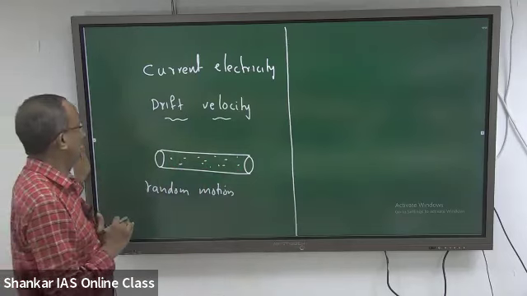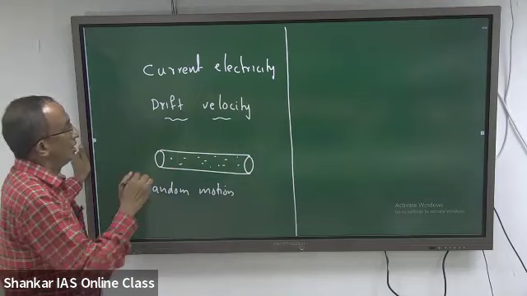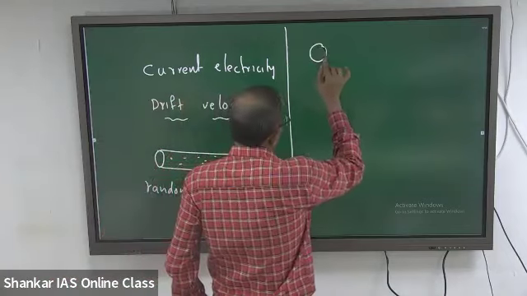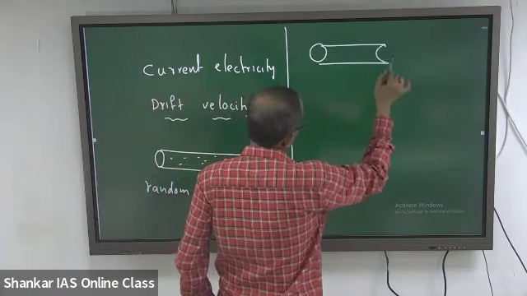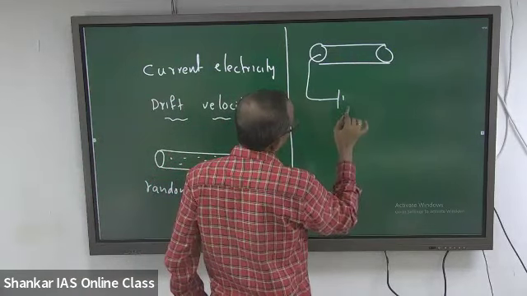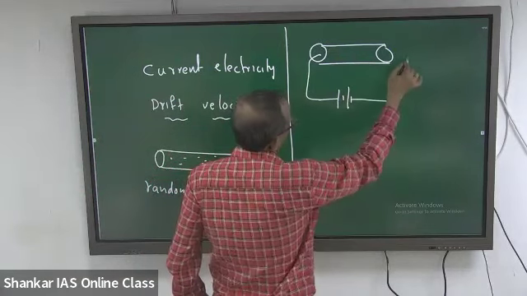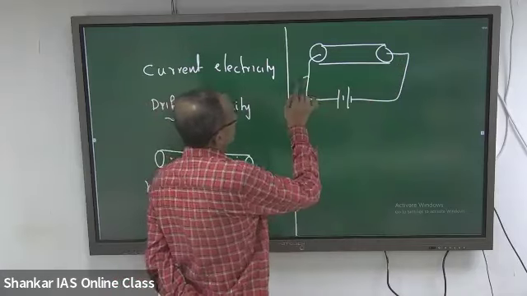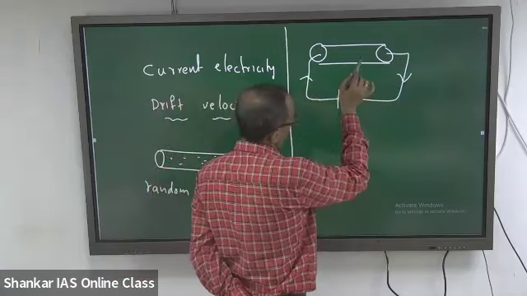Then, when an external field is applied, in this direction, the electrons drift in the opposite direction of the field.